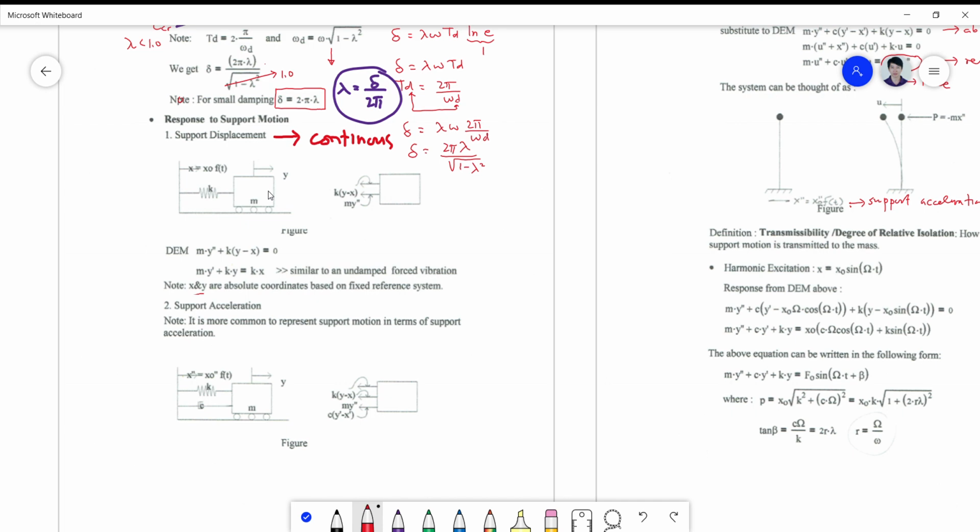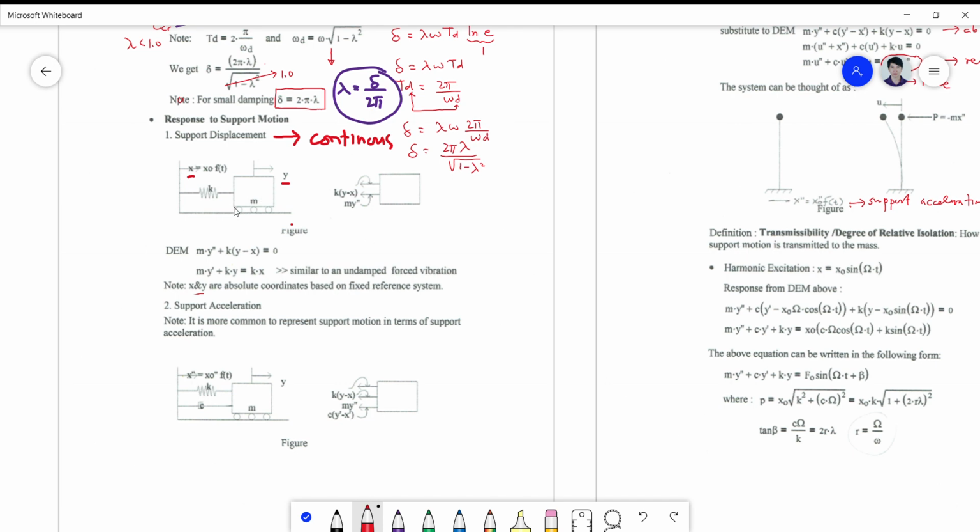Okay, so if we consider here a mass spring system without including yet the damping consideration, we can actually create a free body diagram of the motion considering y coordinate and x coordinate as your absolute coordinates.